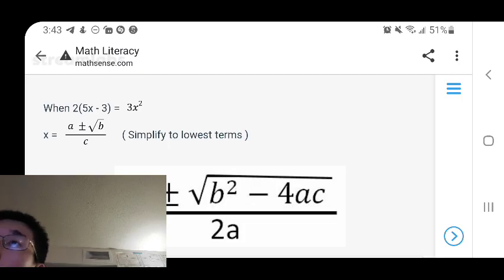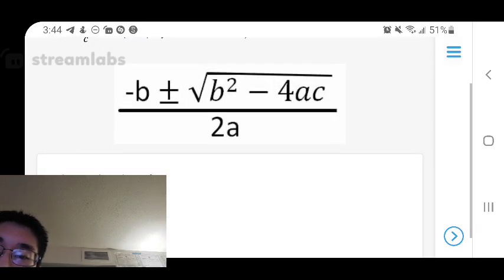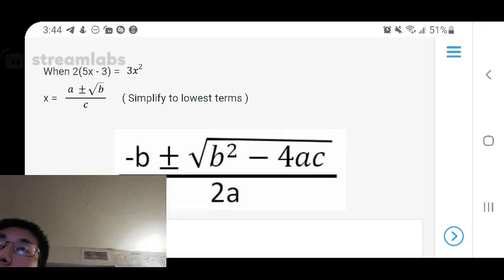What number is this? 34. Oh, thank you for providing the quadratic formula because I can't remember it these days. Okay. Do I need it though? What do you want me to do?